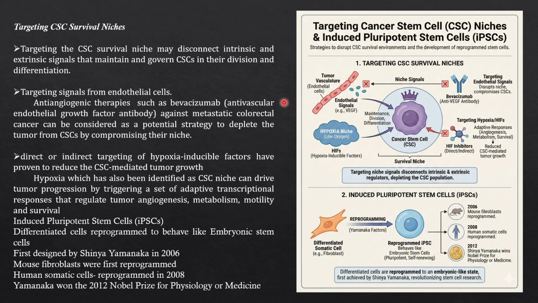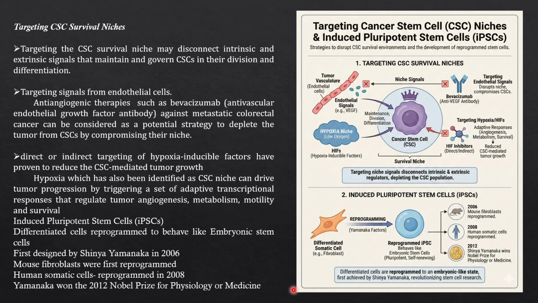Therapeutic strategies such as anti-VEGF antibodies, bevacizumab, and HIF inhibitors aim to disrupt these external signals, thereby weakening the CSCs and their survival and reducing tumor growth. By targeting both intrinsic and extrinsic regulatory pathways, these approaches can effectively deplete the CSC population and limit recurrence.